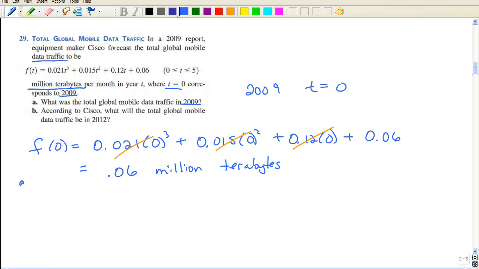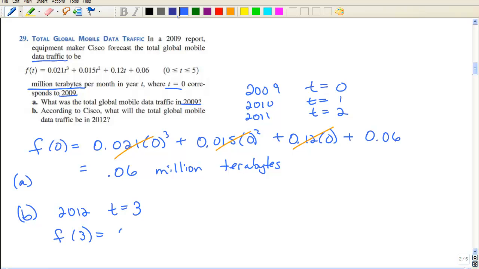So that's part A. Part B says, what will the global traffic data be in 2012? Alright, so let's see. If 2009 is T equals 0, then 2012 would be T equal to 3.